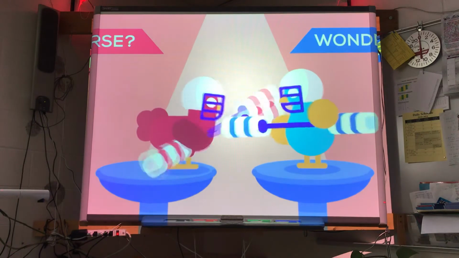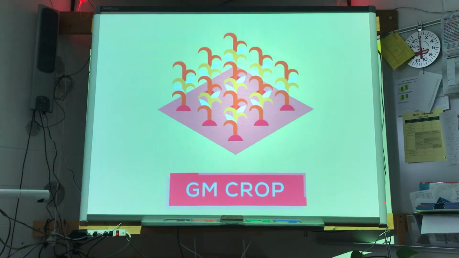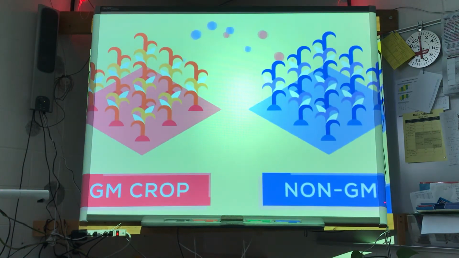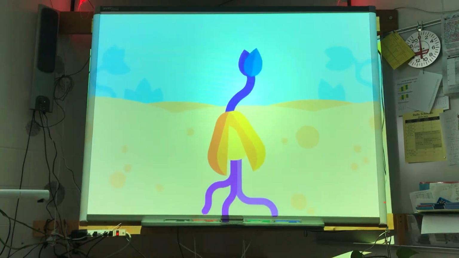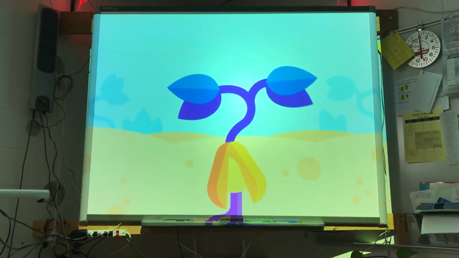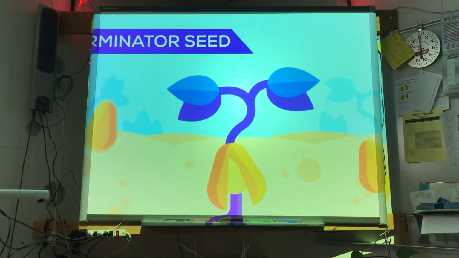Let's start with one of the most common objections to GMOs. Gene flow, meaning GM crops could mix with traditional crops and introduce unwanted new characteristics into them. There is a method that might guarantee complete prevention, but is a big anti-GMO argument by itself: terminator seeds.